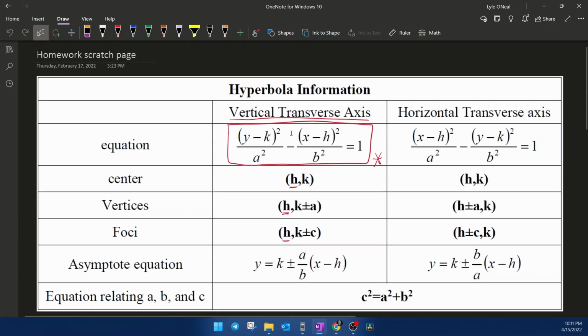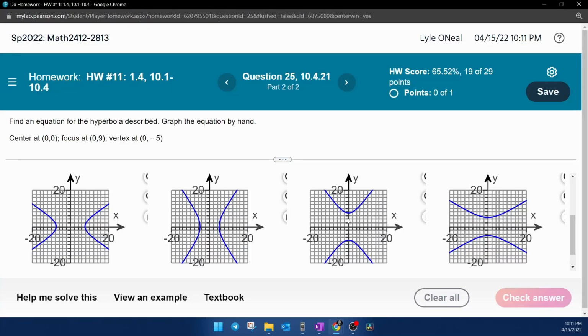And if we go back and look at the notes, the column we were using was the vertical transverse axis. So that means that we can limit our choices down to C and D. And with one other piece of information, we can figure this out.